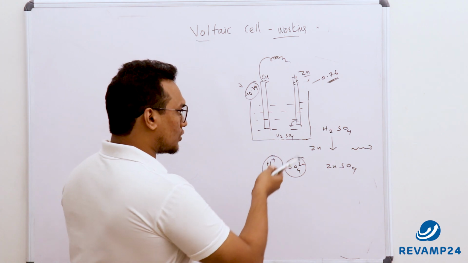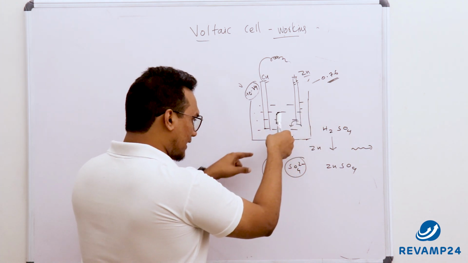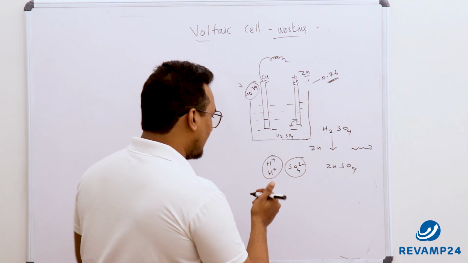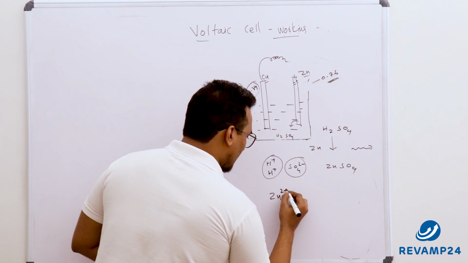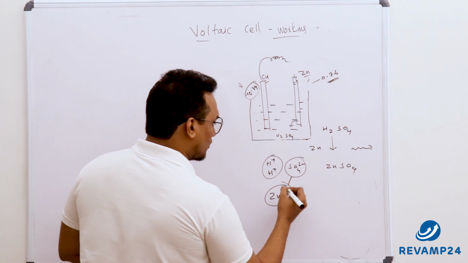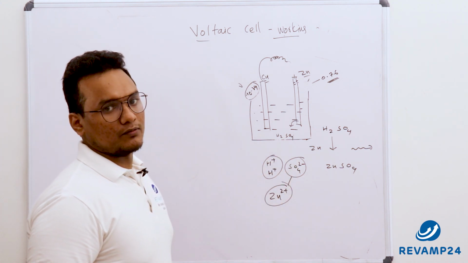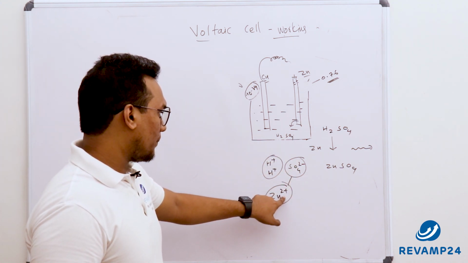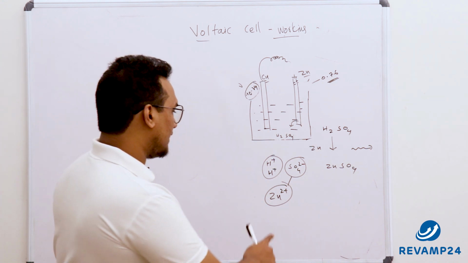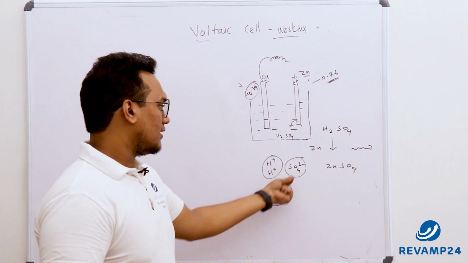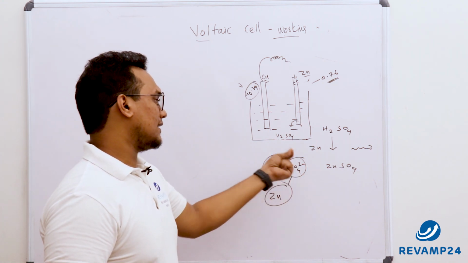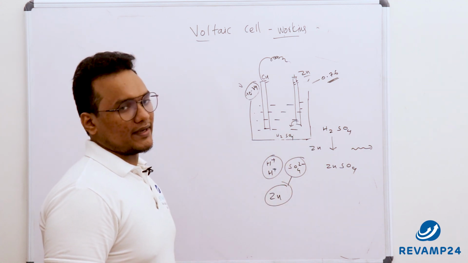Now, to accept zinc and keep it here, we need Zn2 plus. Then only there will be an electrostatic force of attraction. The charges attract in between. So, correct? Zn2 plus and SO4 2 minus. If it is only Zn, then we can't make a bond between Zn and SO4 2 minus.